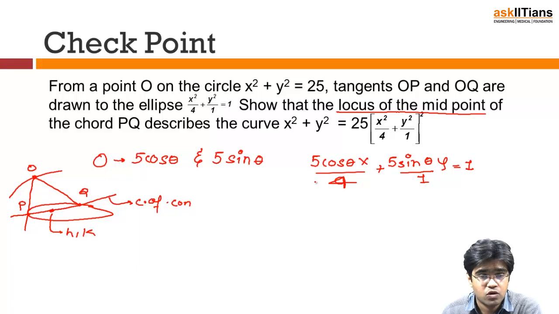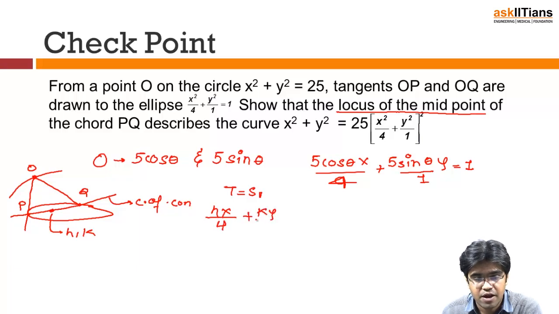Now I can also write the equation of the chord whose midpoint is given by using T equals S1. If I write T equals S1, I get hx by 4 plus ky by 1 equals h square by 4 plus k square. Now these two equations are the same.